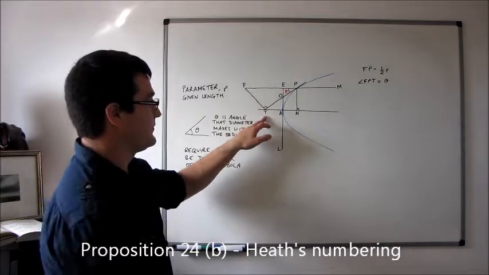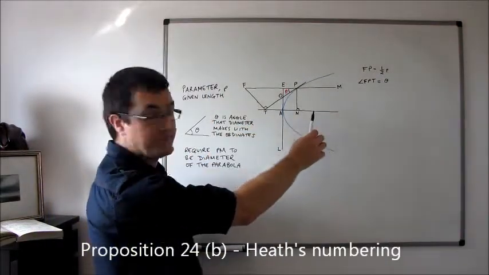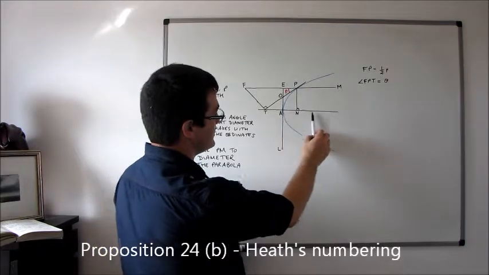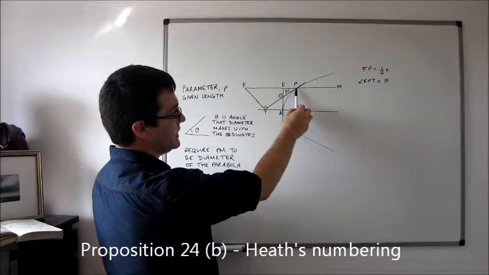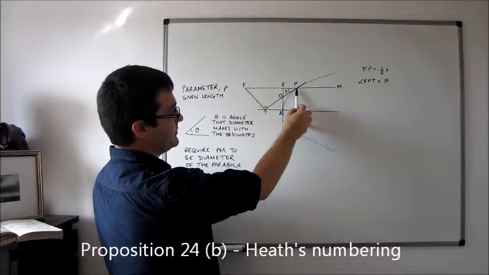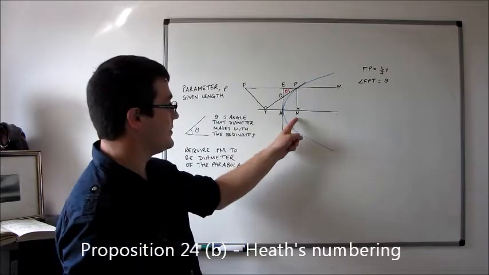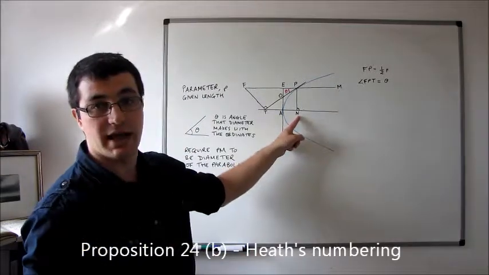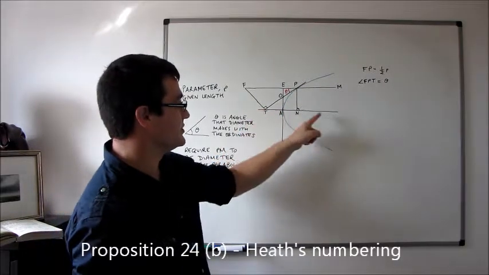Then through T we draw a line parallel to PM. So that's this line here. And then through P we draw a line that is perpendicular to that line that we've just drawn, meeting this new line in the point N. So PN is perpendicular to TN.